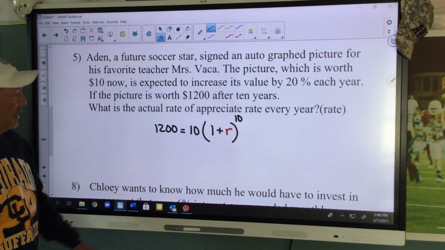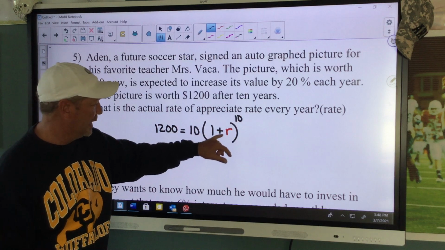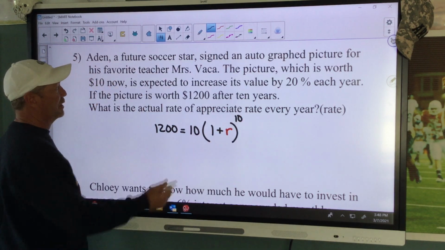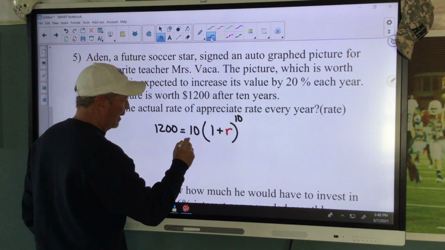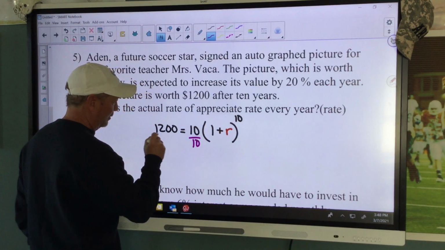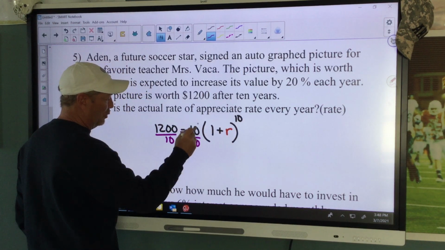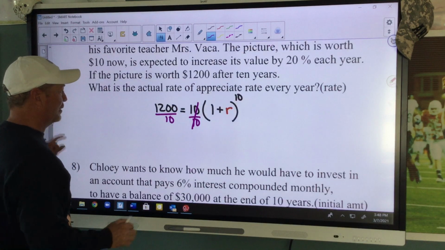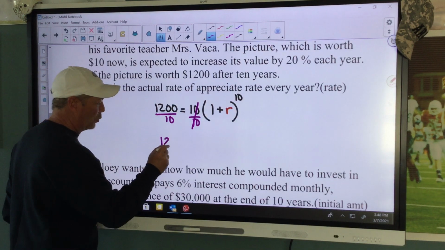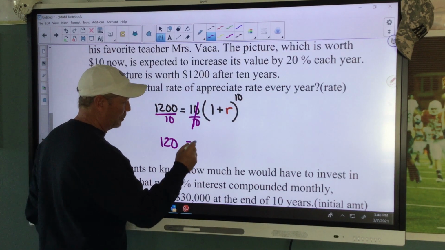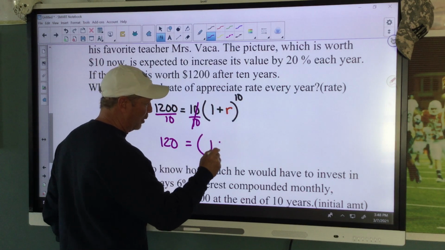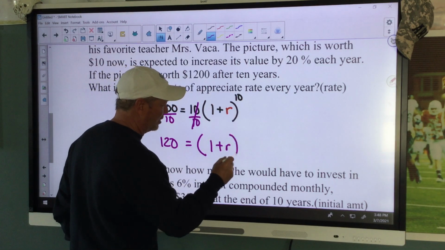Okay? Now we want to isolate this portion because that's where the variable is. So the first thing we're going to do is we're going to ask you to divide by 10. And when you cancel, this is going to be 120 equals parentheses 1 plus r raised to the 10.